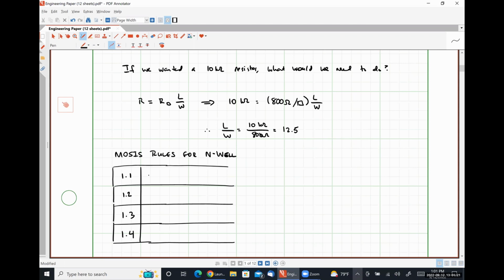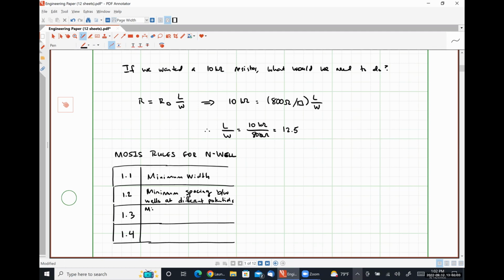So the first rule has to deal with the minimum width, and we're going to talk about why these things are this way. Then we have minimum spacing between wells at different potentials or voltages.